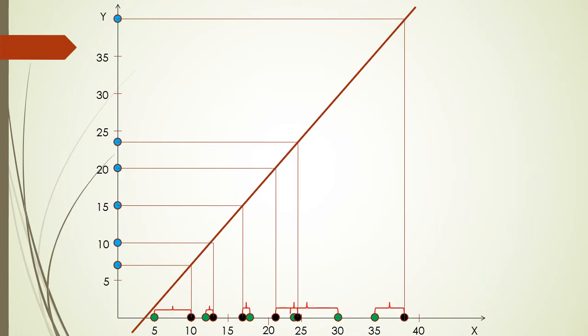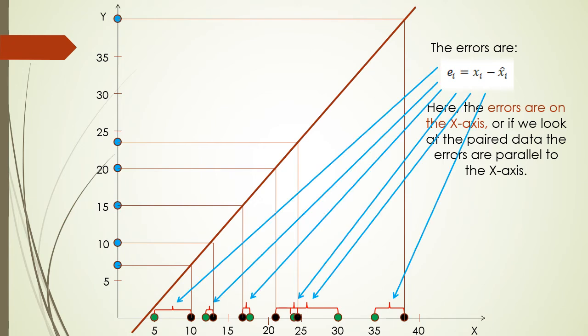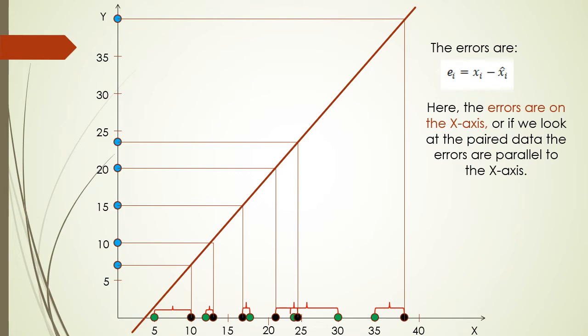Again, the differences between the observed values and the estimated values are the errors. Here, the errors are on the x-axis. Or, if we look at the paired data, we will see that the errors are parallel to the x-axis.